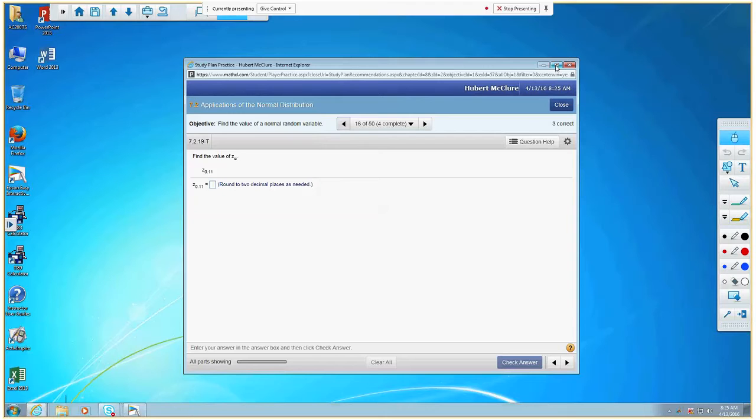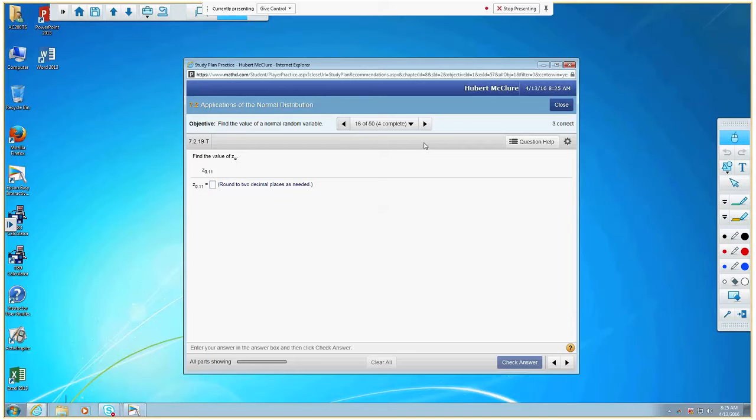Okay, the following problem, just to remind everybody what we went over the other day. This problem says find the value of z. Find the value at z.11.